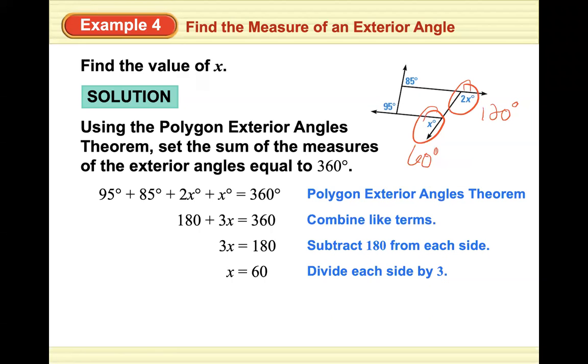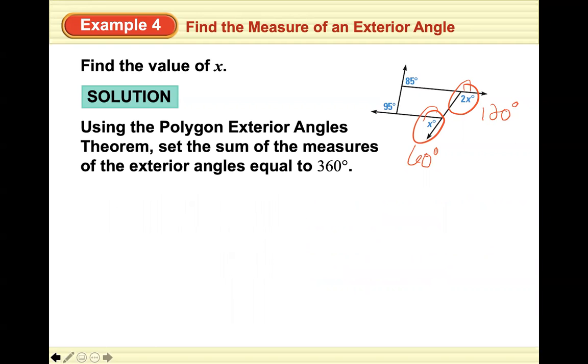Let's look at another example. Let's say we had a figure that looked like this.